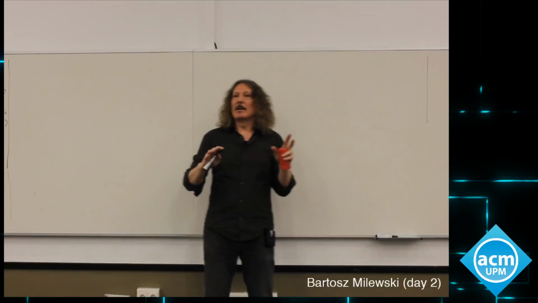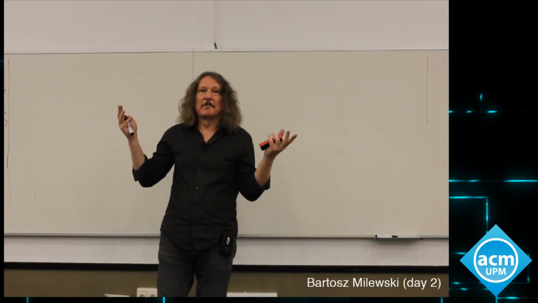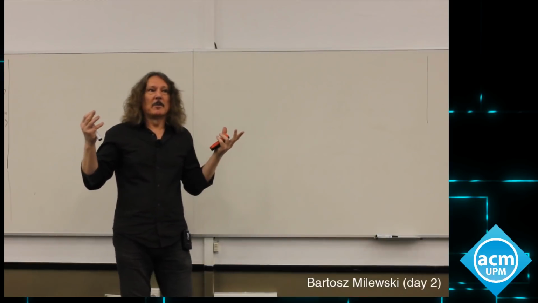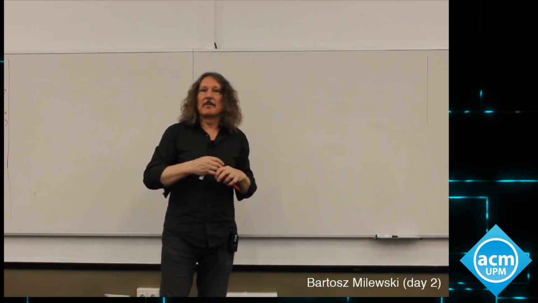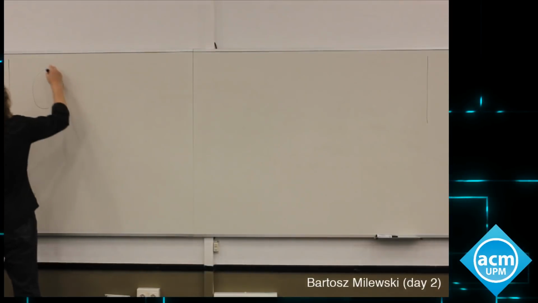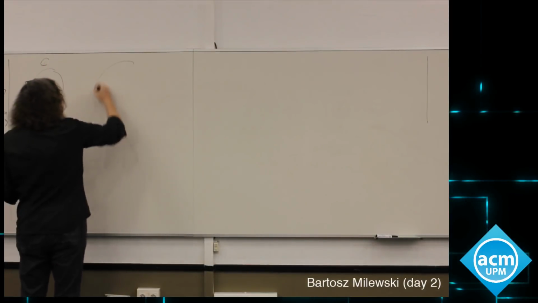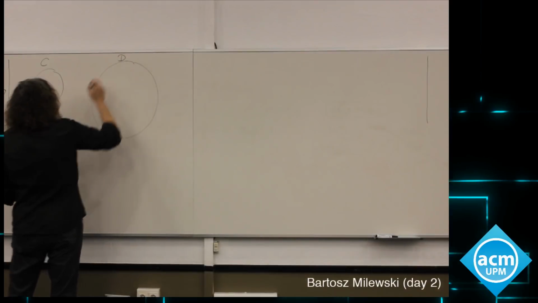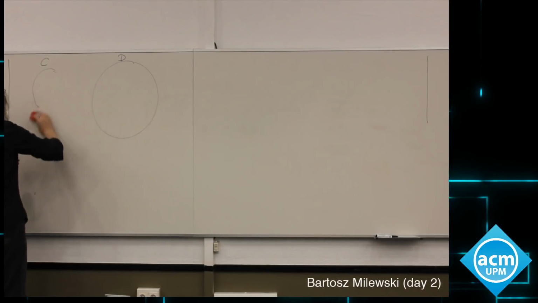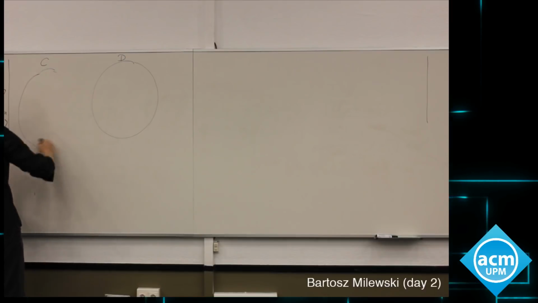But maybe there is more than one way of embedding this category. What does it mean? It means that you can have multiple functors going from this category, let's call it C, to category D. I tried to make it bigger because I know I will need more room.